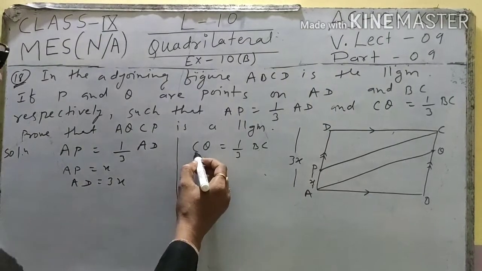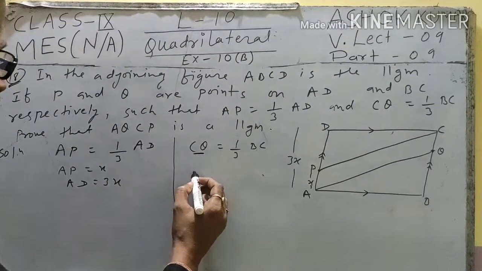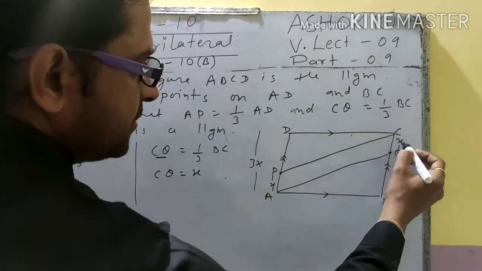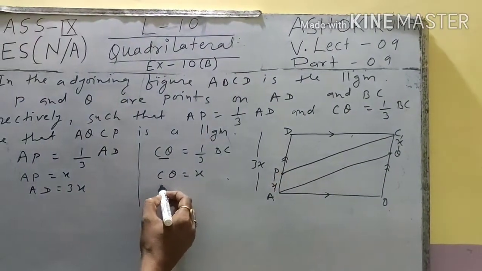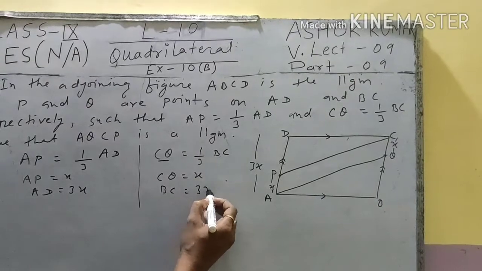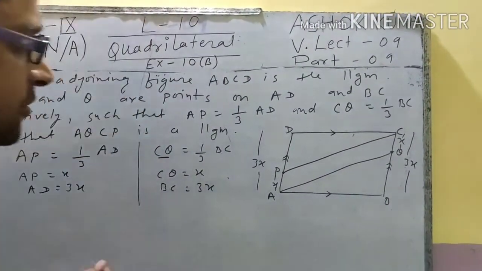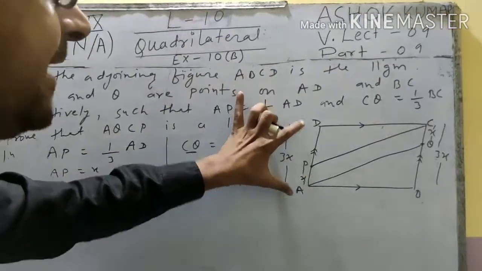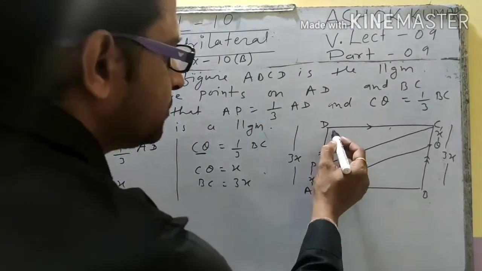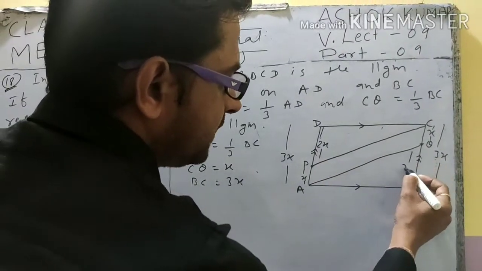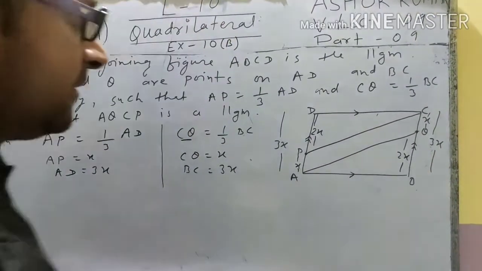Again same concept. Suppose this value is x, so CQ is equal to x. If CQ is equal to x, then BC is equal to 3x. So the complete value is 3x and this value is x. So we can write here, this is the 2x. Here this is also 2x.